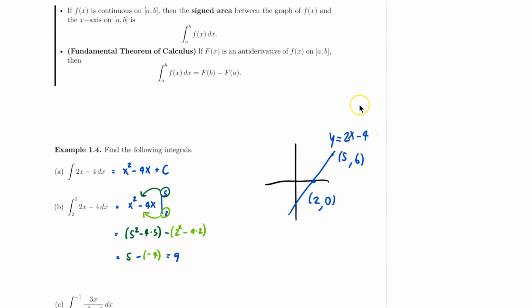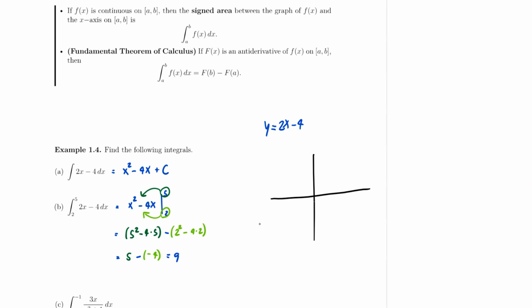So if I want to find, let me move this somewhere further. Okay. If I want to find the area between this line and the x-axis, well, it's just going to be a triangle here. So it's just going to be this orange triangle. Let me try to draw this a little better.